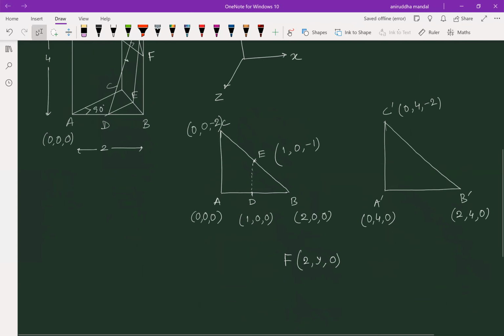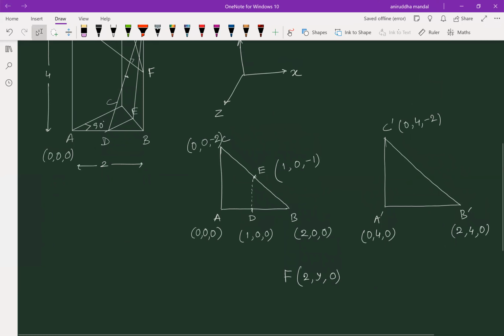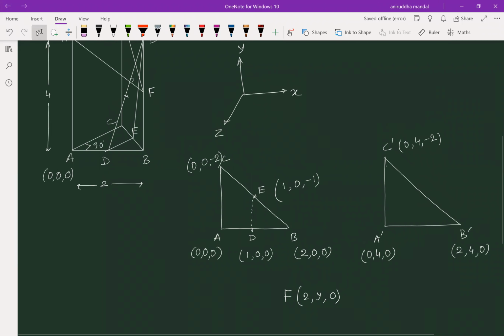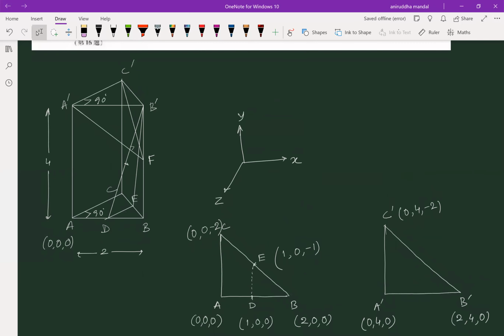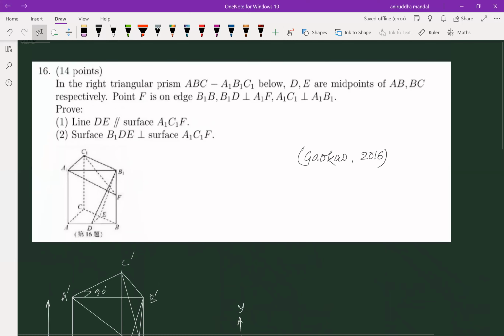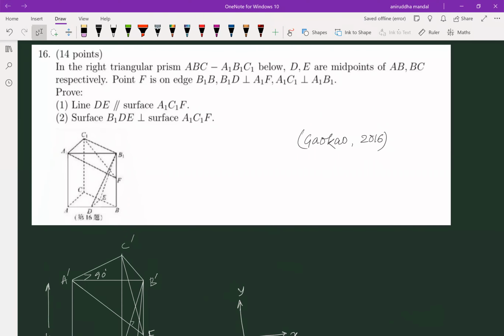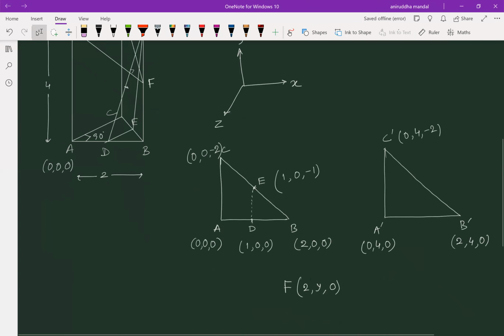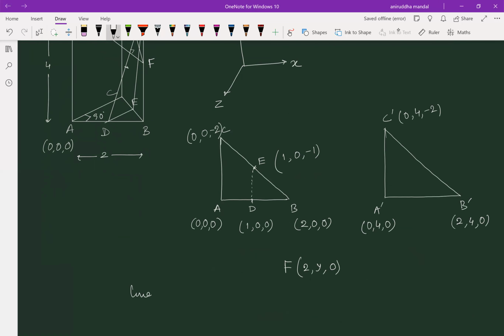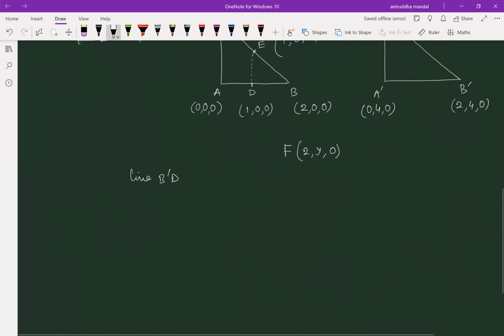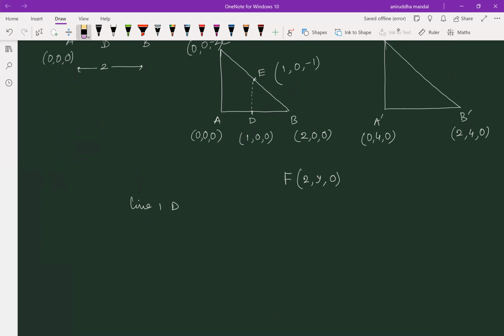Now the line DE and A1C1F. So we have to find the line DE.